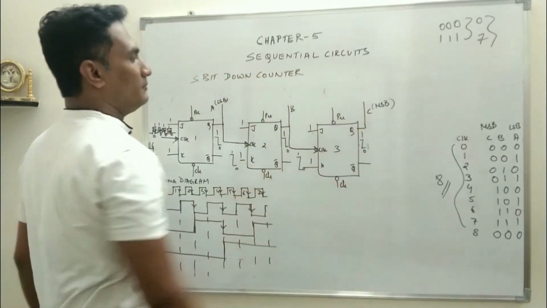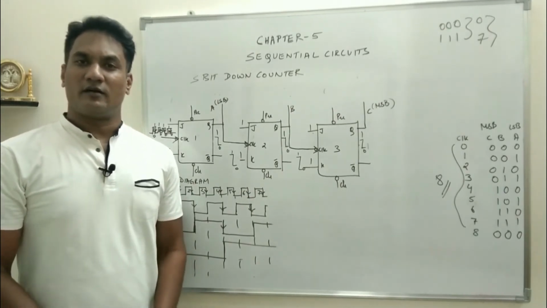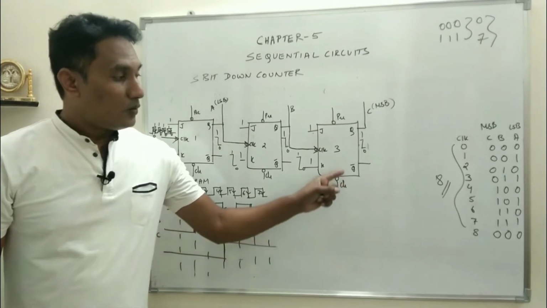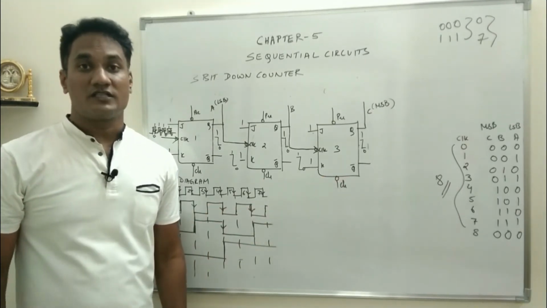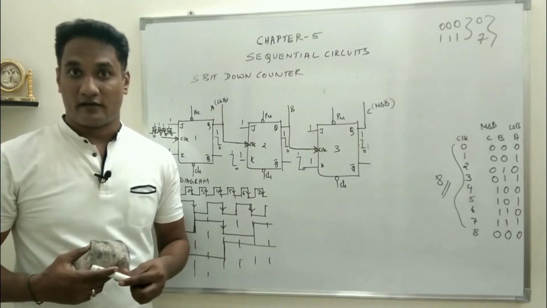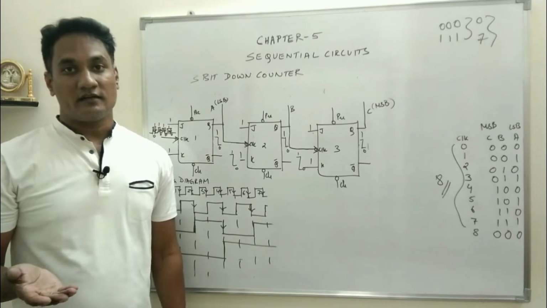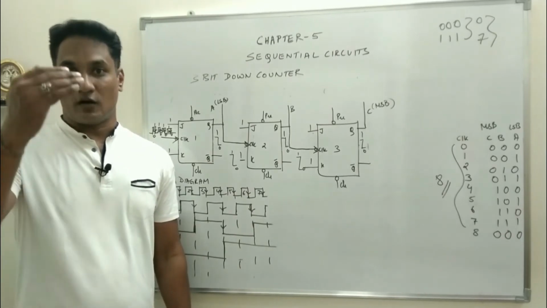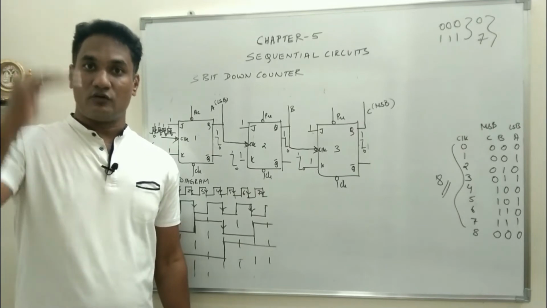Just now I explained what exactly you mean by an up counter. An up counter means a counter which counts in ascending order. So what will a down counter be? It will be a counter which counts in descending order. Descending order means it will go from the highest value to the lowest value.